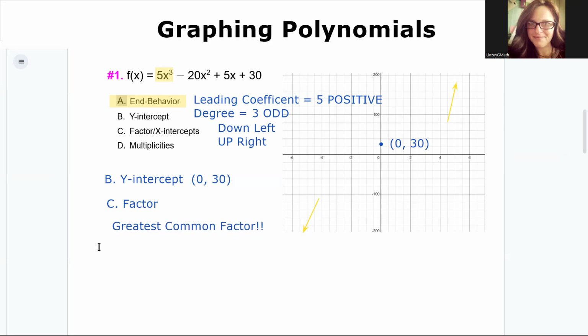Let's factor out a 5. I always forget about the greatest common factor. It's good to review. Factoring out the greatest common factor 5, we get 5 times x cubed minus 20x squared plus 5x plus 6. Now we can use our rational root theorem.